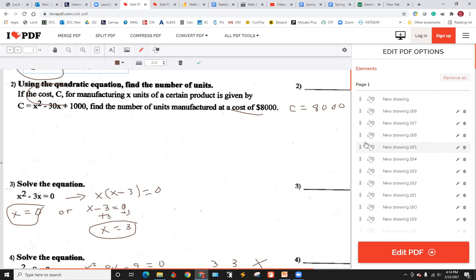How would the initial setup of this look? What's it going to be equal to?